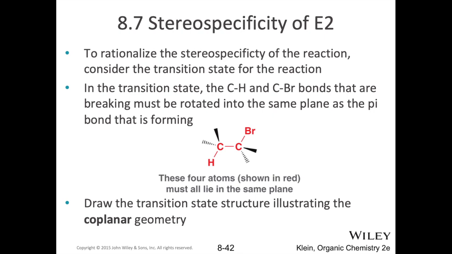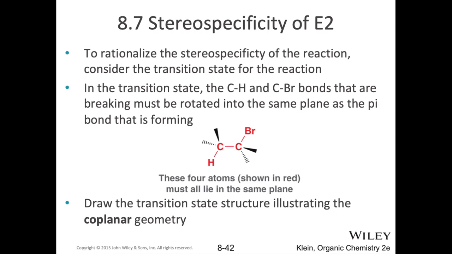If we look at that bromine leaving group and the hydrogen that we're looking at, as well as the two carbons they're attached to, if we connected the four of them, we could form a plane. You could rotate around this carbon-carbon bond and break that hydrogen out of the plane, or the bromine out of the plane.